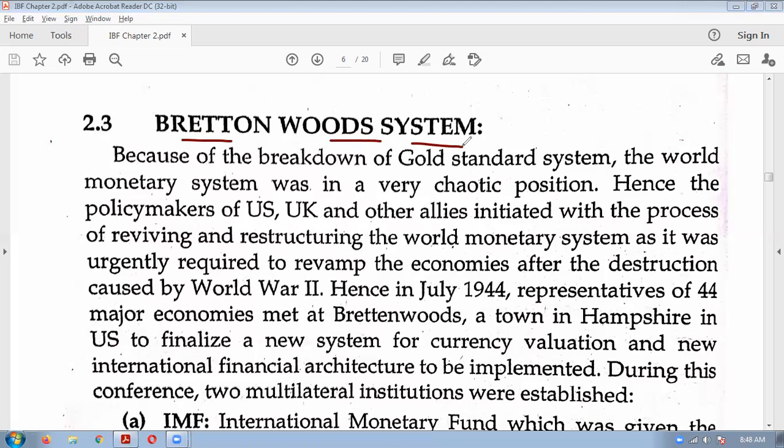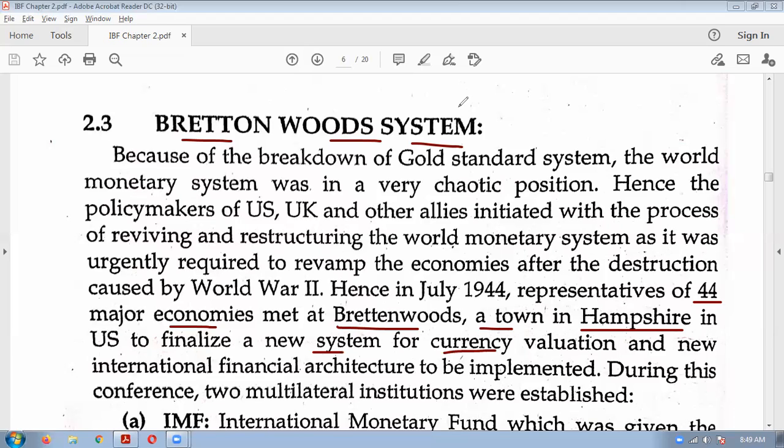So the Bretton Woods system is an agreement between 44 countries, major economies, and that conference took place in Bretton Woods, a town in Hampshire. For what purpose was that conference organized? To finalize the new system of currency.